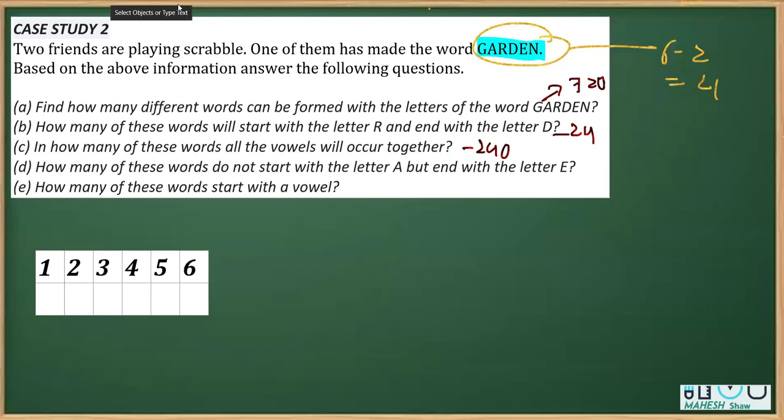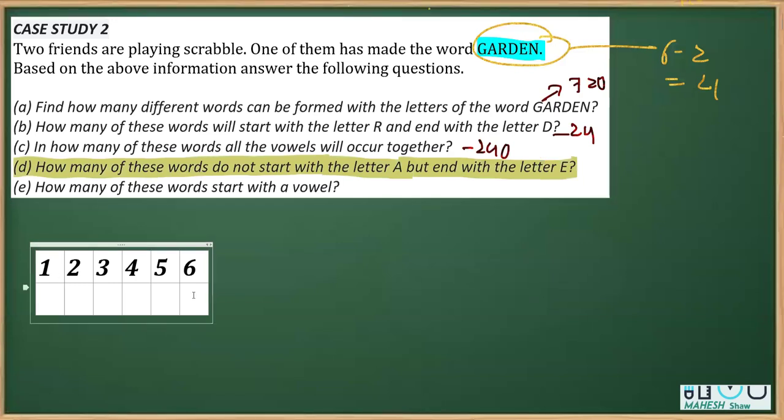Now in the third part, it says how many of these words do not start with the letter A but end with the letter E. That means one thing is confirmed, that the last letter has to be fixed with E. Now look into the options we have for placing the letters of the word GARDEN.